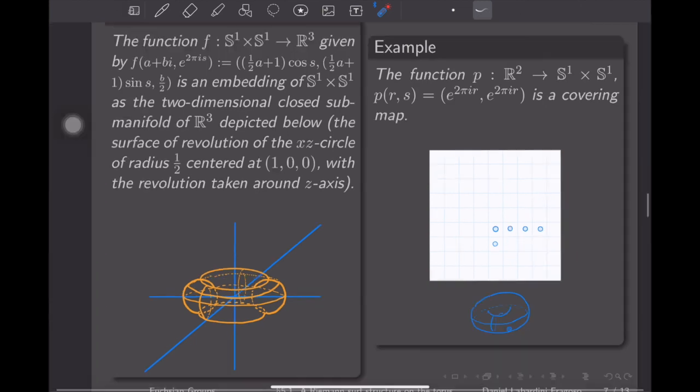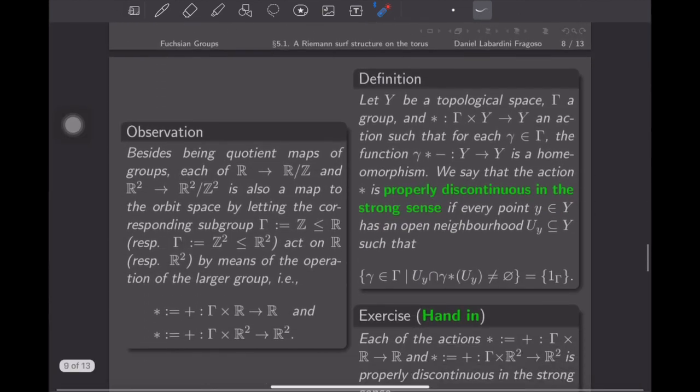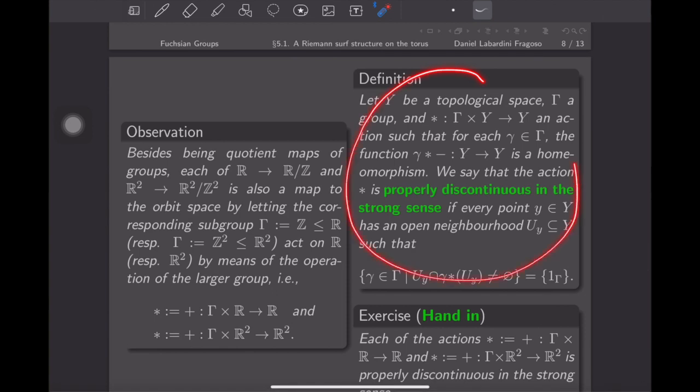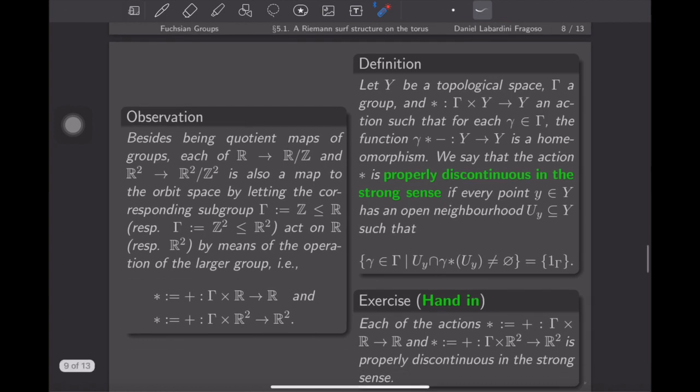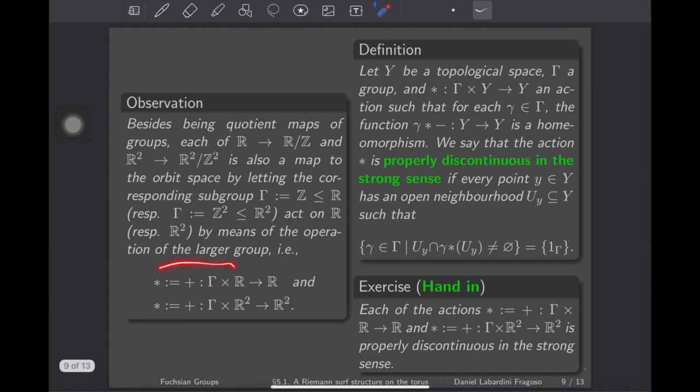So this is the crucial property: when considering these as orbit spaces instead of as quotients of groups, the actions have this property that every point has an open neighborhood such that every element different from the identity moves the neighborhood sufficiently far away.